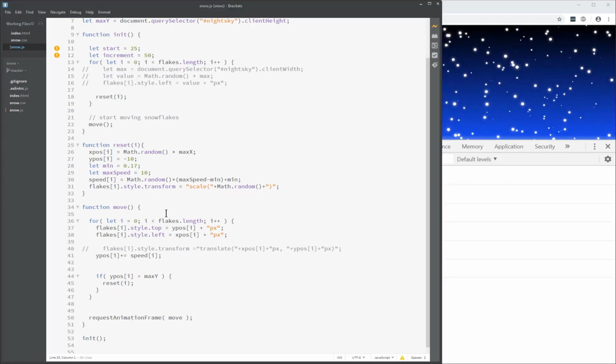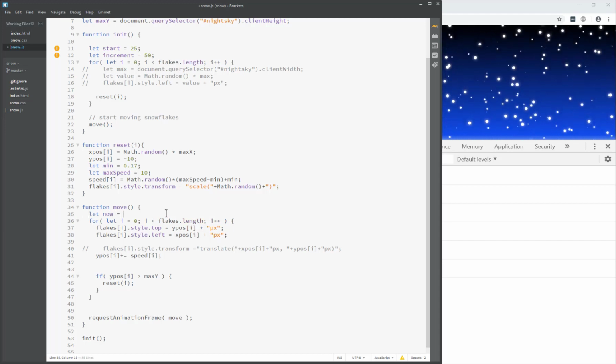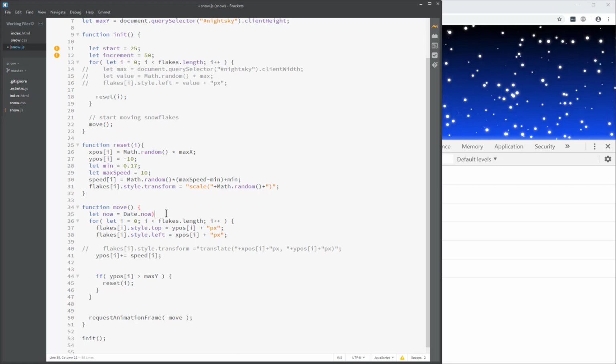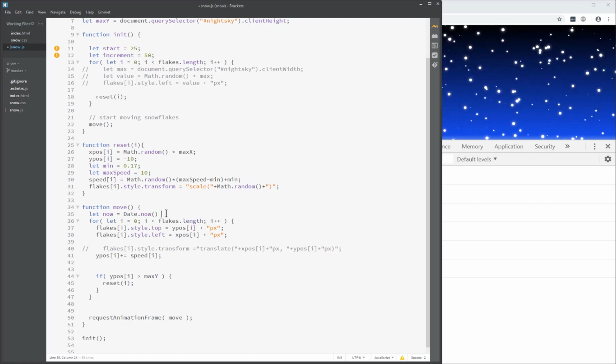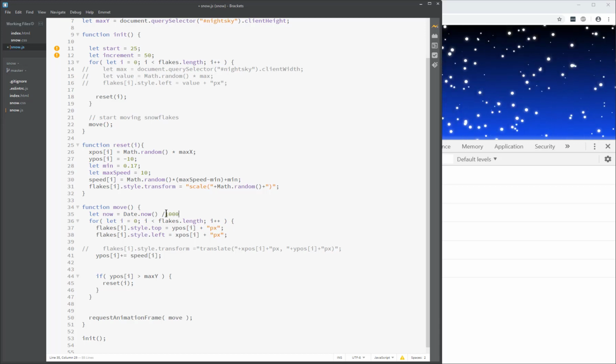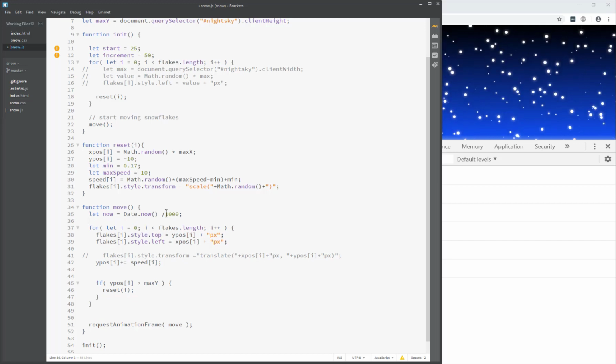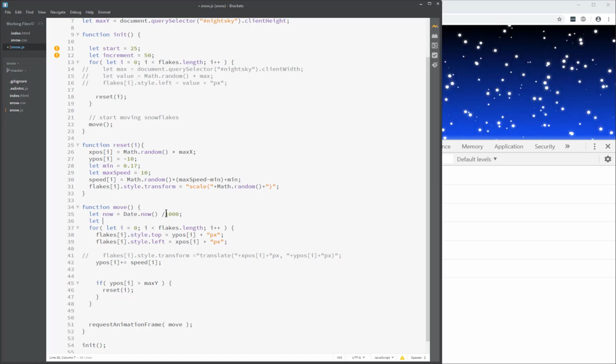The first part is fairly simple. I could say let now be equal to date.now. And I could divide it by 1000 immediately to get the number of seconds rather than milliseconds. And then I could say the difference. I'm calling the difference delta.